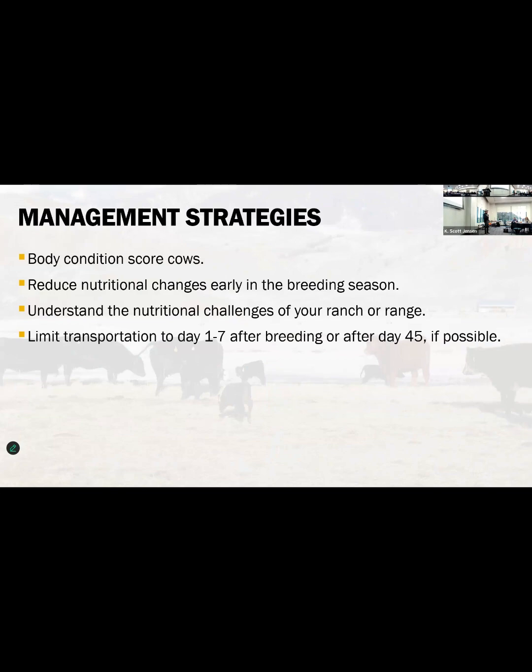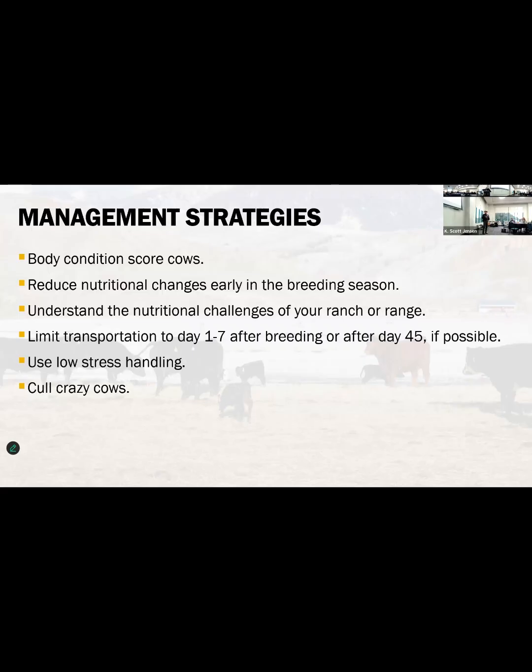Try to limit that transportation stress if we can to that very early time immediately after breeding. Use low stress handling. Make sure you train your crew and don't be afraid to say, you need to go do something else rather than help us.